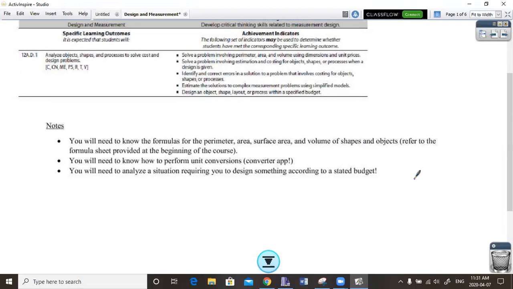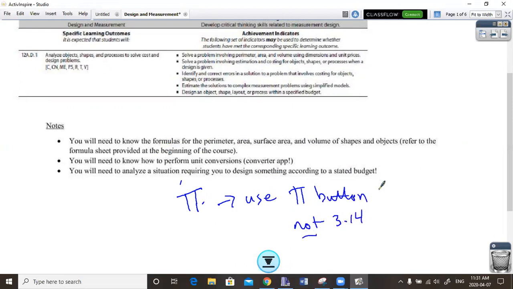Another thing that's very important is that when you're dealing with pi, you're going to use the pi button, not 3.14. So do not use 3.14, use the pi button on your calculator.